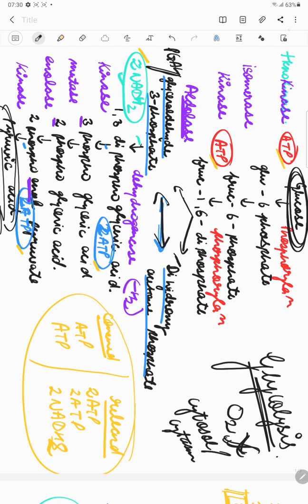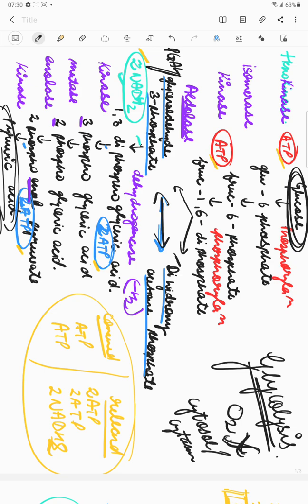PGAL means 3-phosphoglyceraldehyde. It is the same as glyceraldehyde 3-phosphate, but in exams they use PGAL as a short form. So 2 NADH2 are released in the process, and the enzyme would be dehydrogenase.